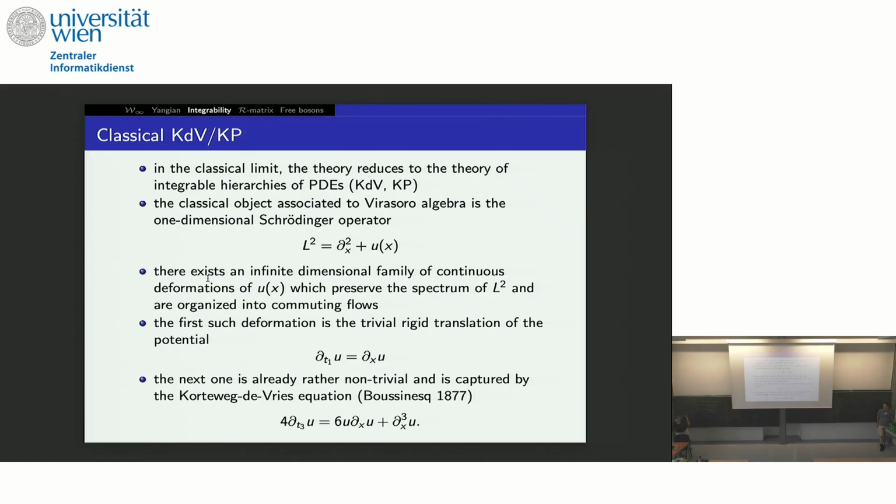So in the middle, there is some non-trivial profile and so on, and they keep on going until they are again separated. Exactly. So there are infinitely many families of these deformations, and the simplest one, which is not the trivial rigid translation, is exactly this KdV equation.